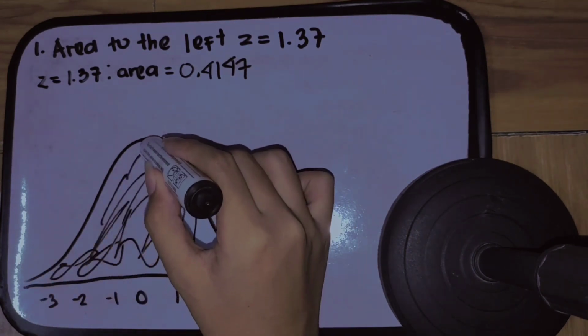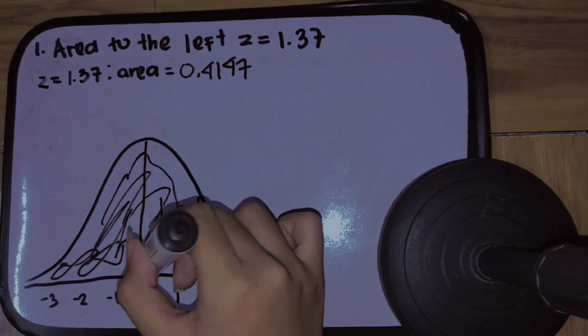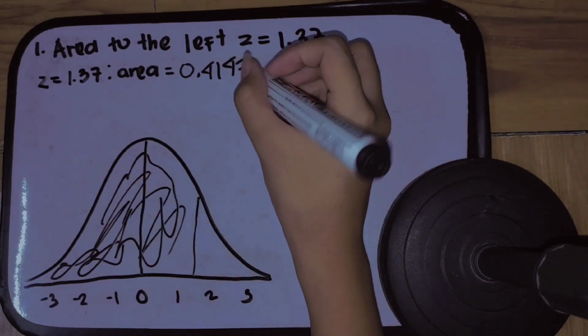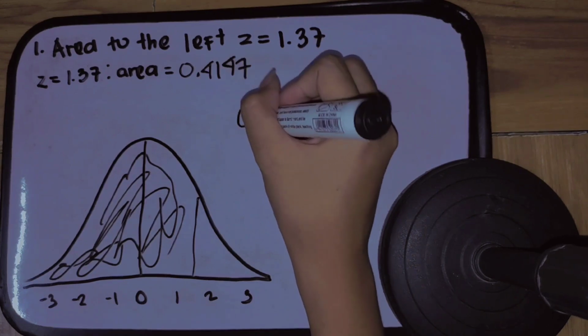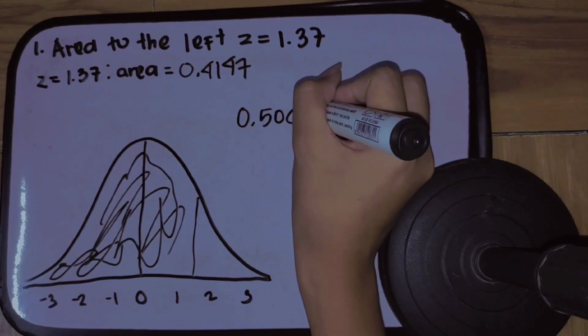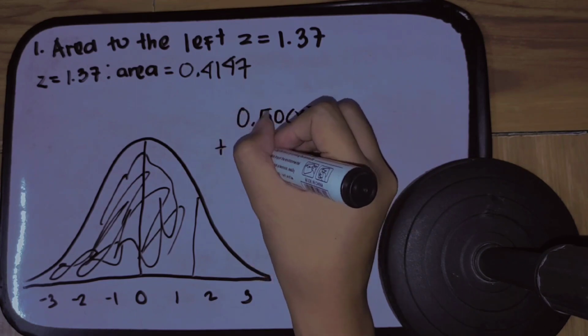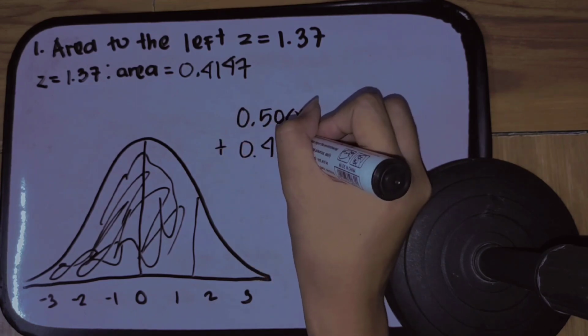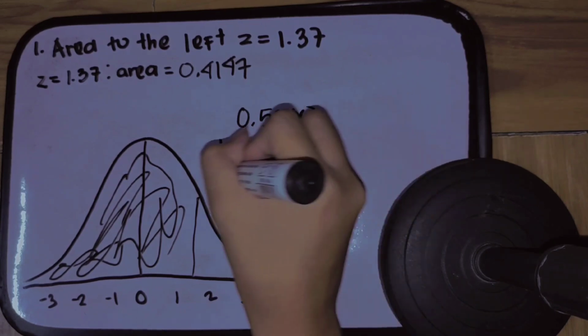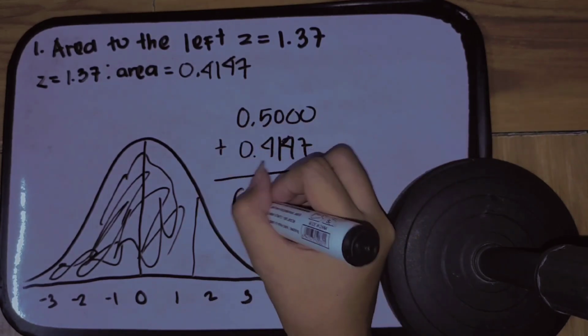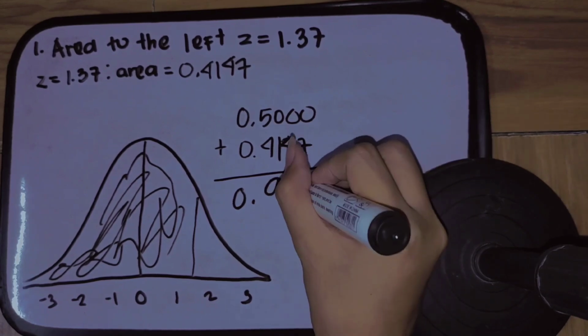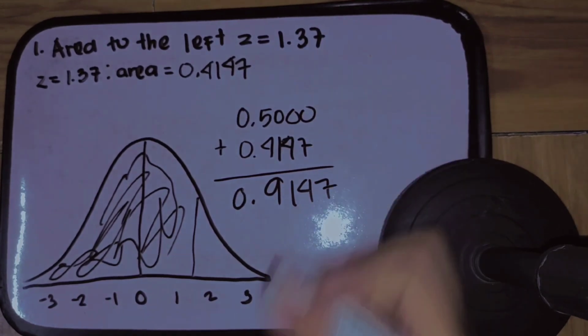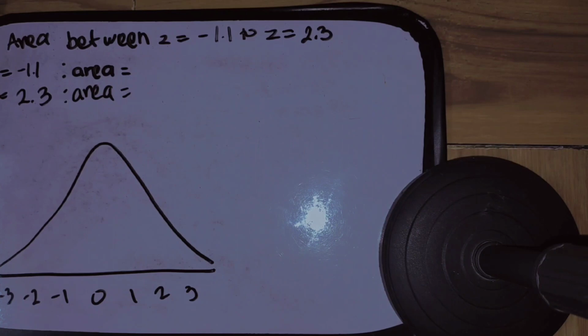Since na-shade ulit ang kalahati, i-add natin ito sa 0.5. So, 0.5000 plus 0.4147 equals 0.9147.